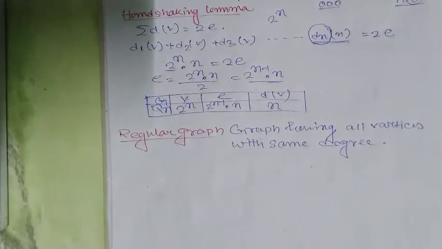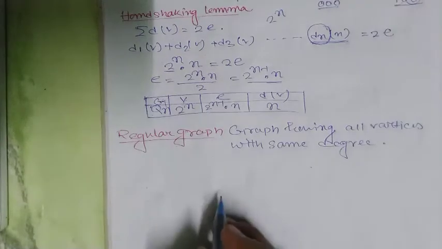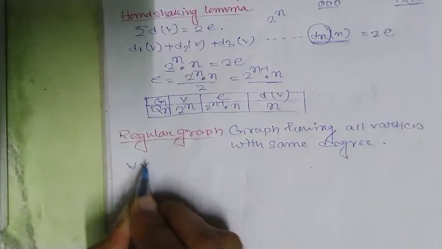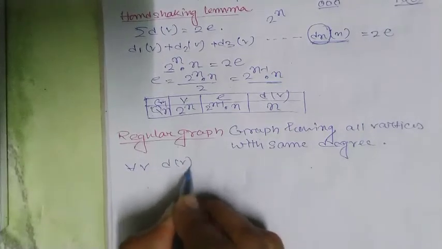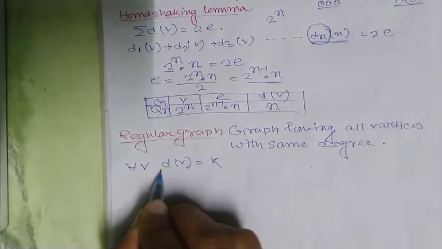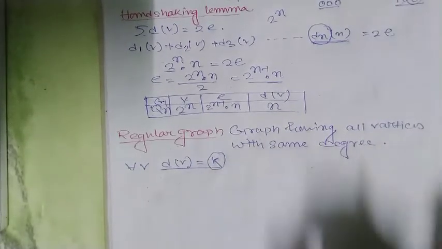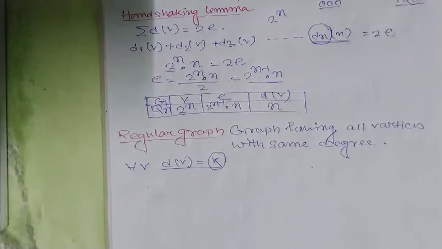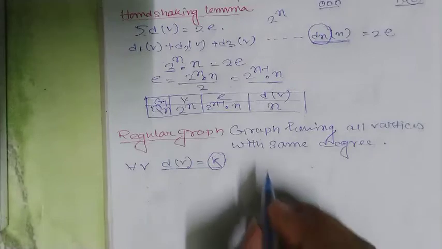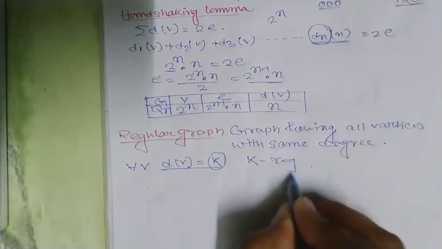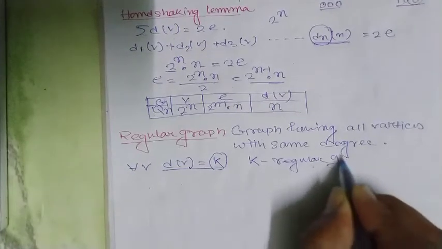Okay, every vertex having the same degree, and we can write it like that: for all vertices, the degree of the vertex is k. And if one graph has all vertices with degree 2, we can say that it is a 2 regular graph. For k, it is known as a k regular graph.